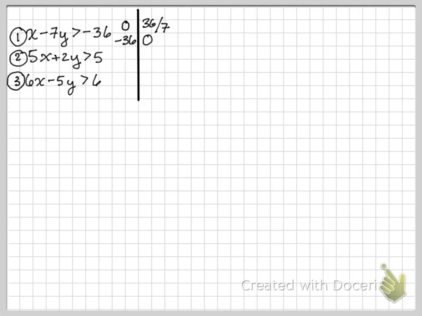Okay, so let's move on to the next one. If I let x equal 0, and I zero out x, then I'm going to have y is equal to 5 halves. And if I let y equal 0, I'm going to have x is equal to 1.